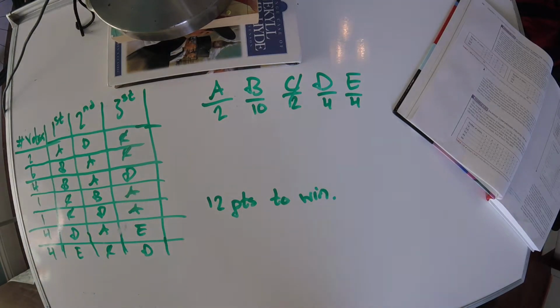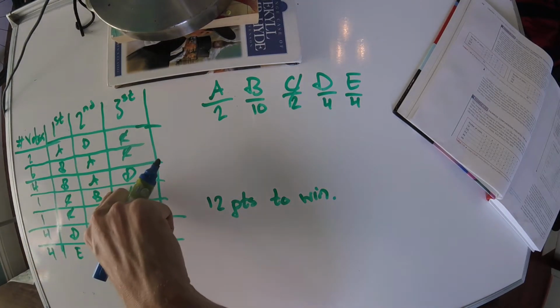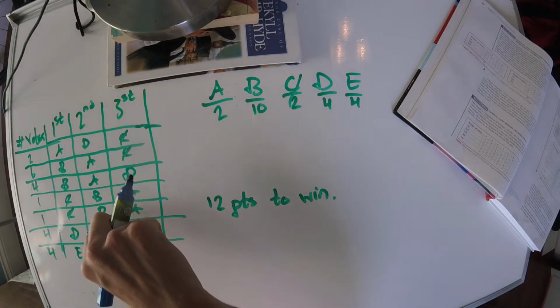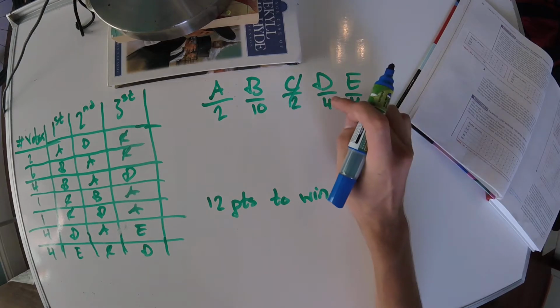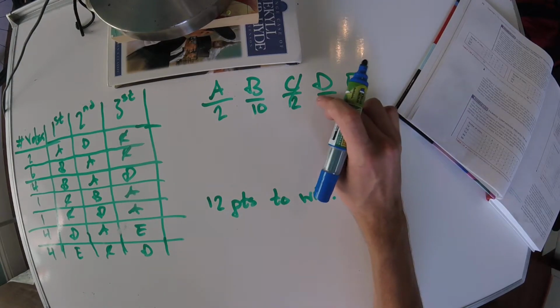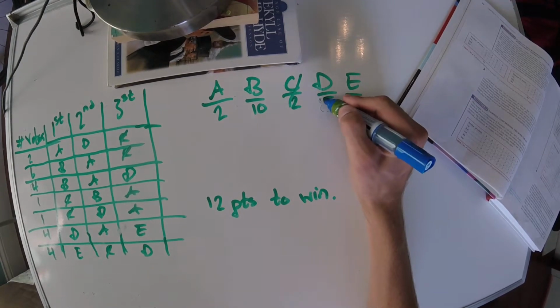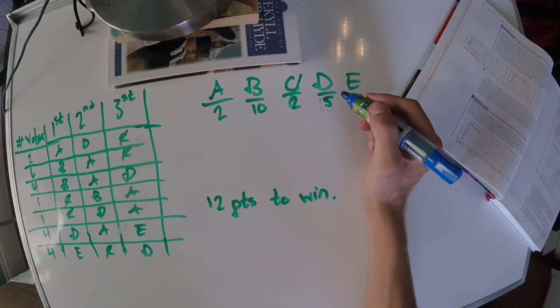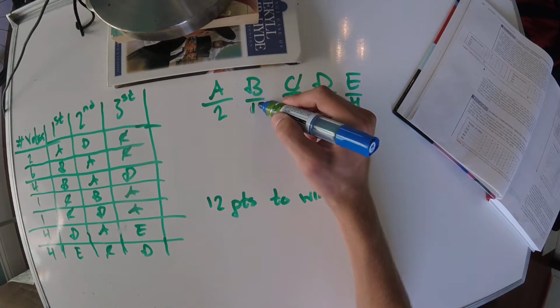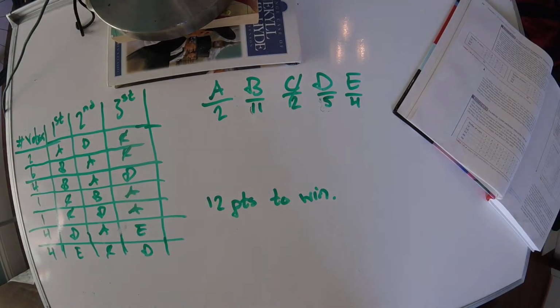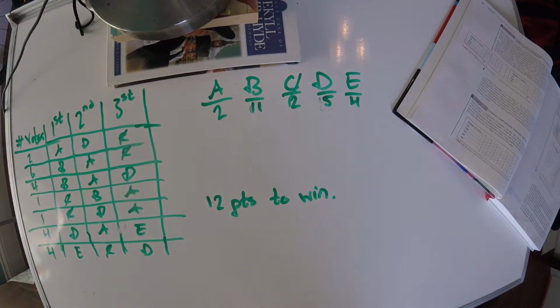There's just one in each row. 1 point goes to B, and 1 point goes to D. So let's give D 5, and let's give B, this one goes to 11. Great. Next we have to eliminate A.